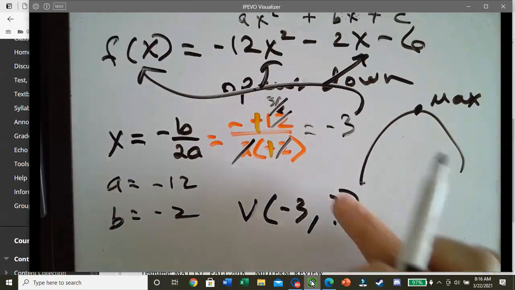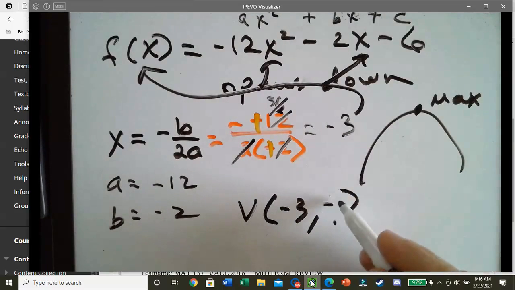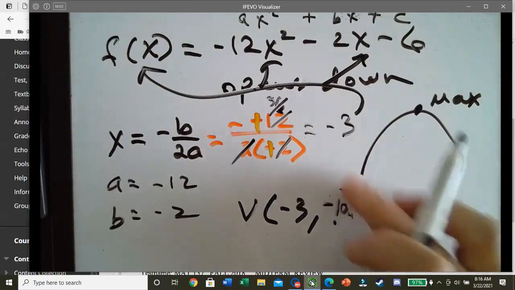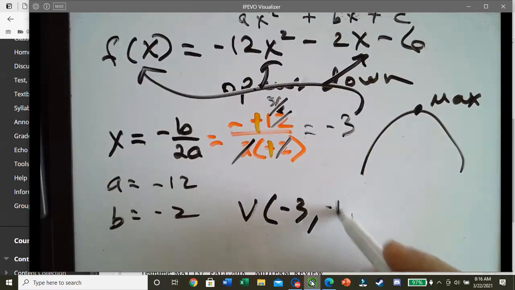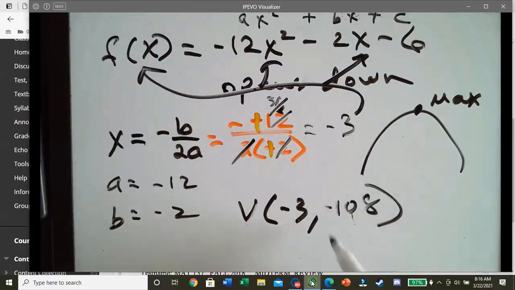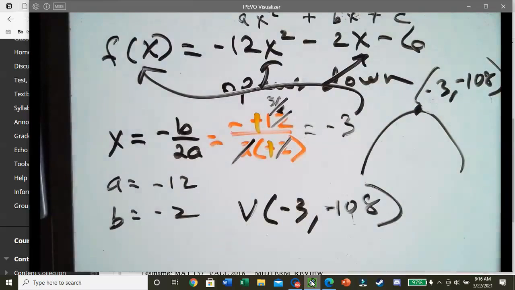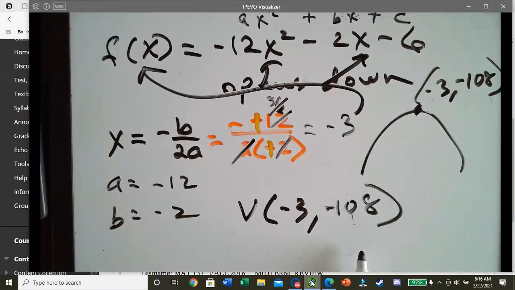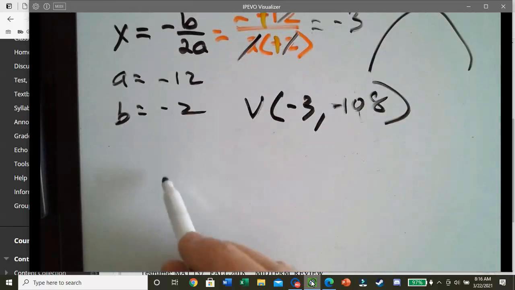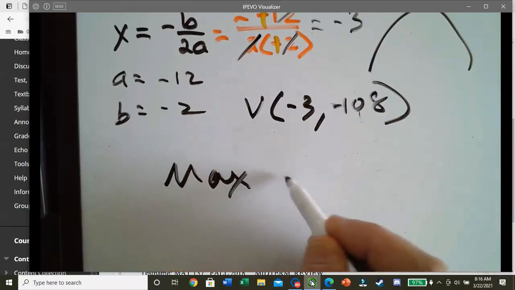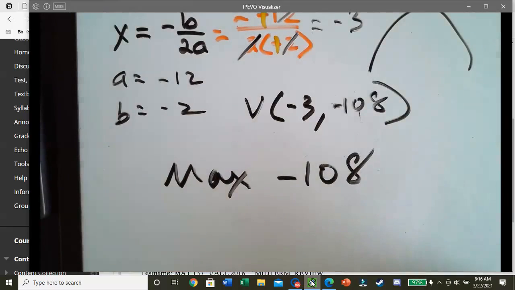So what is our maximum? This is basically negative 3, negative 108. Which one of these two numbers is our maximum value? Negative 108. Max negative 108.